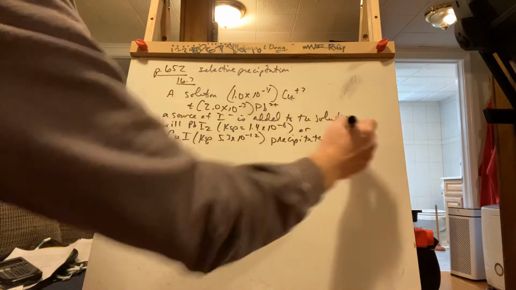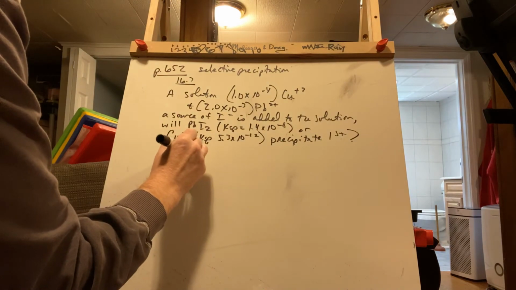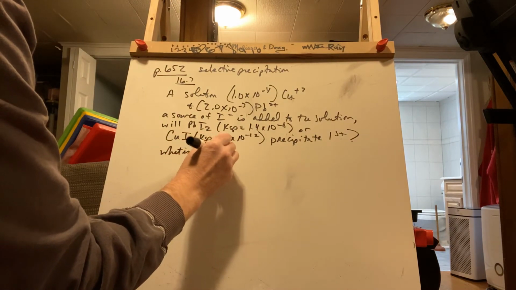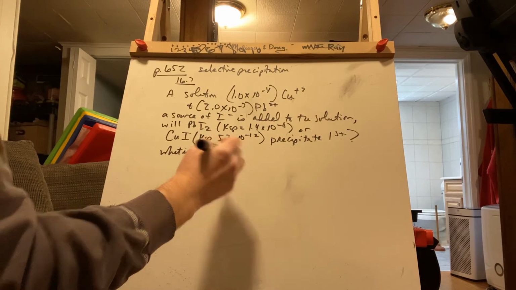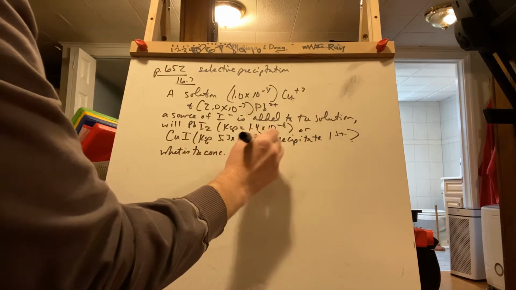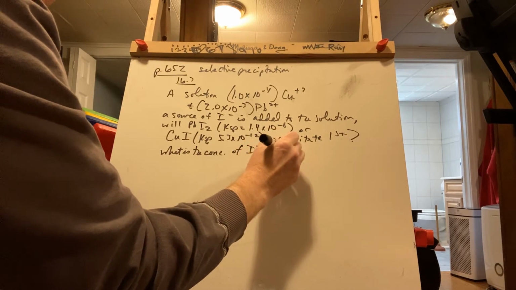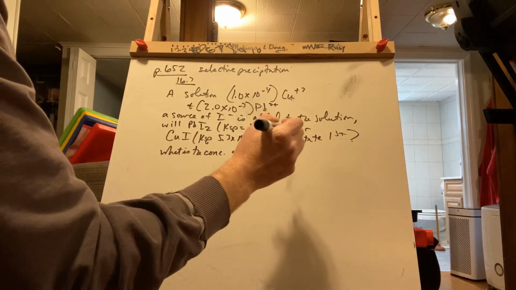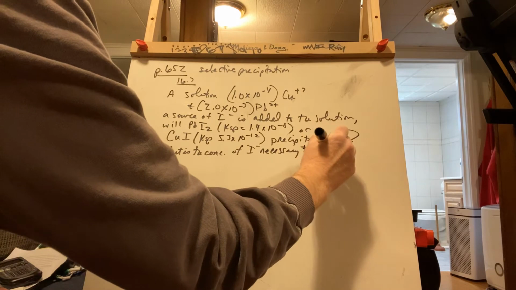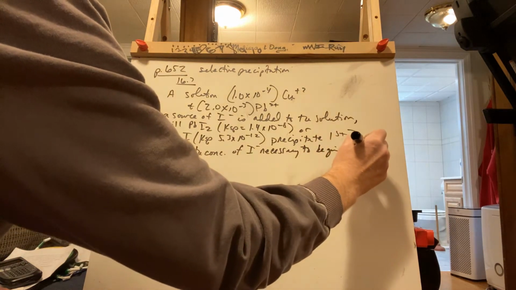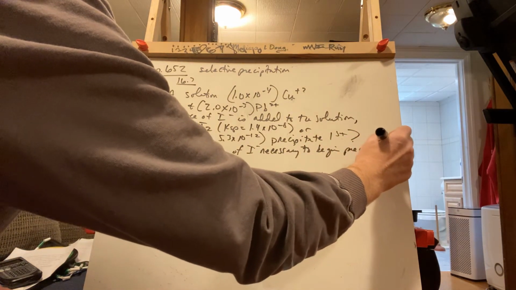And what is the concentration of I minus necessary to begin precipitation of each salt?